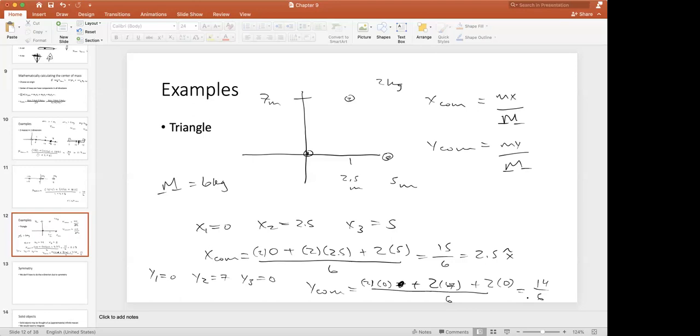So 7/3 is 2.33 meters in the y-hat direction. So that tells me that my center of mass is at 2.5 and 2.33. And this triangular system actually moves as if all of its mass were there.